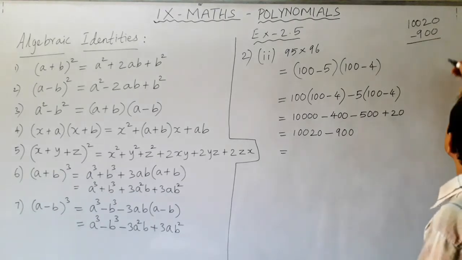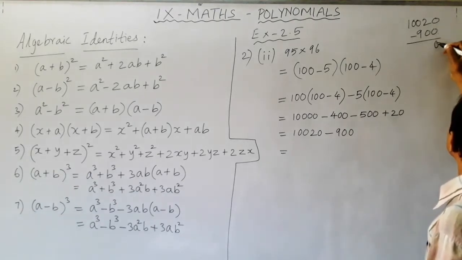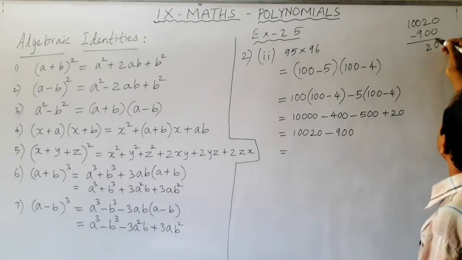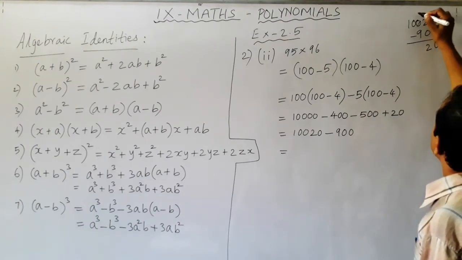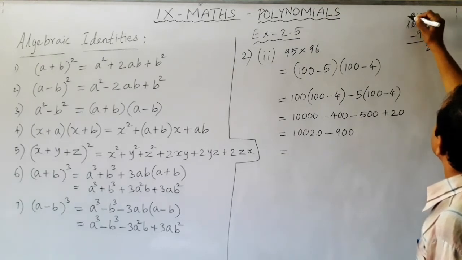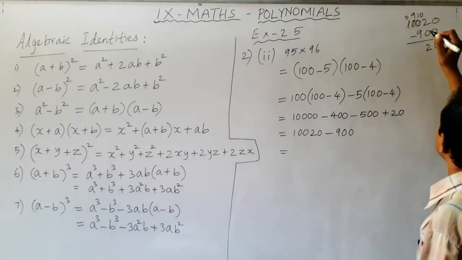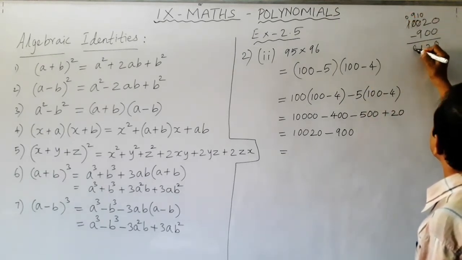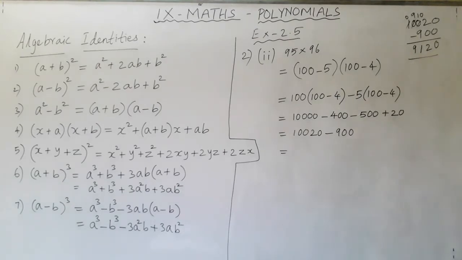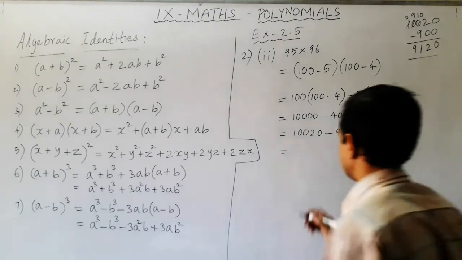Okay, so 0 minus 0, 0. 2 minus 0, 2. And 0 means we have to put 10, and this 0 becomes 9, and this 1 becomes 0. So 10 minus 9 is 1, and then 9. That's all. Clear?